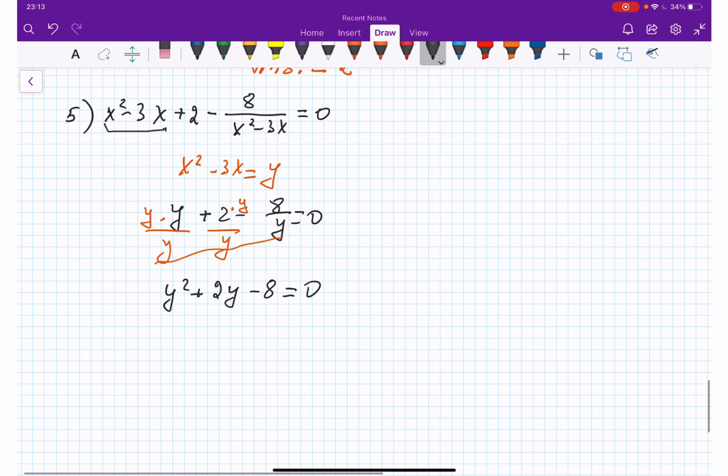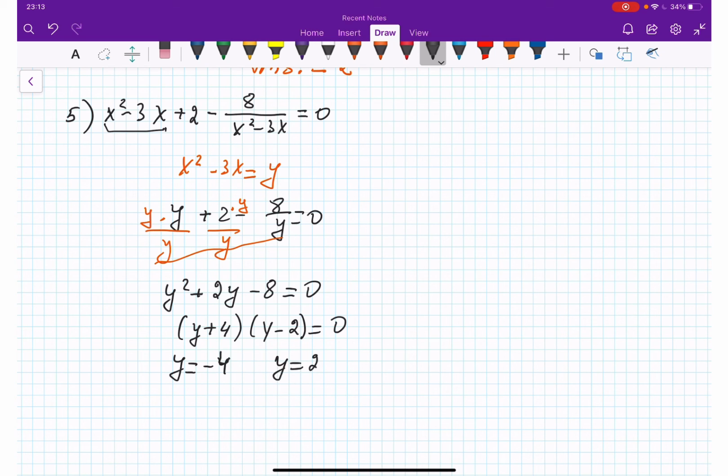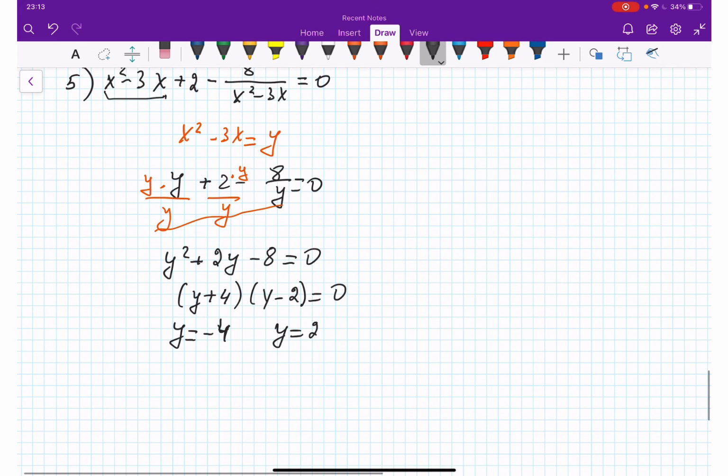Okay, so from here we can FOIL it down. y plus 4, y minus 2 is equal 0. From here, y is equal negative 4, y is equal positive 2, right?